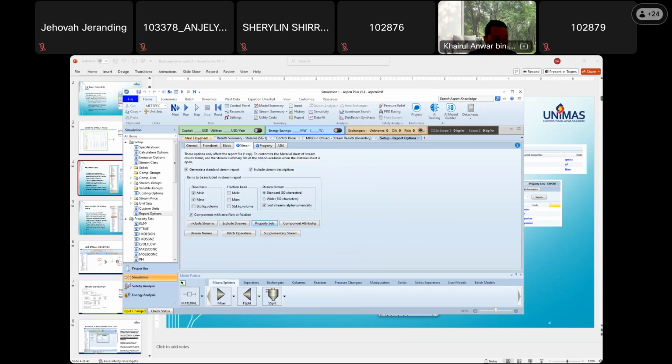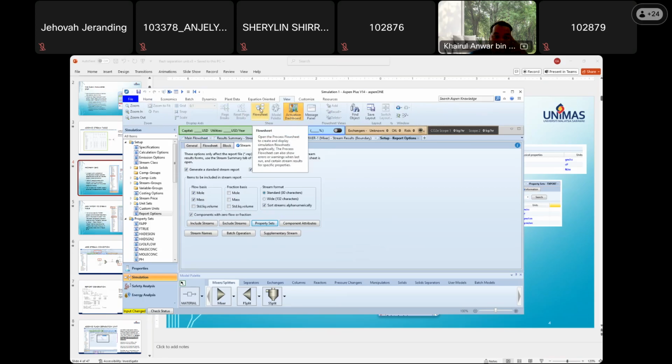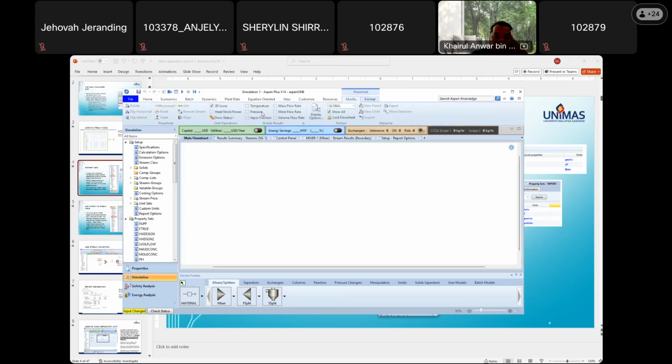Next is to add the stream condition. To add the stream condition, go to the main flowsheet. If you lose the main flowsheet, you can go to view, click flowsheet. It will appear like this.